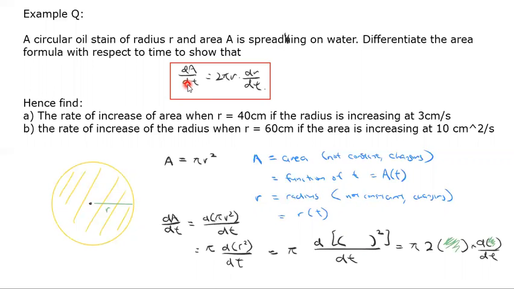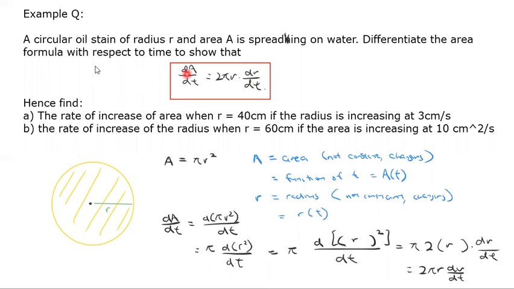So let me replace the green thing with r, which is what it is, recognizing again that r actually is a function of t, and it's not just a letter or a constant. And that's where you get your 2 pi r dr/dt as required. Do you understand what we've done there? I think so. Good. All right.